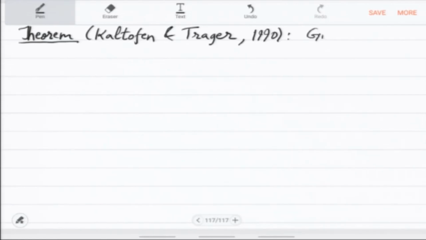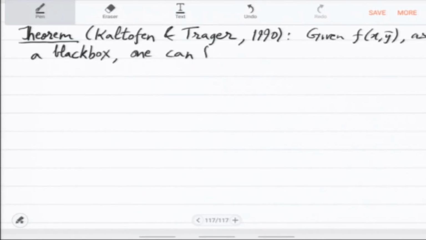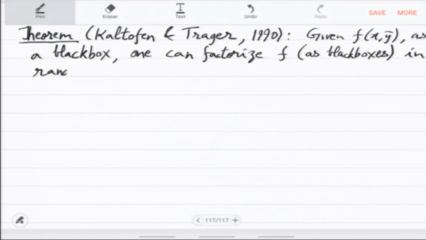It says that given f as a black box, one can factorize f into black boxes in randomized polynomial time.